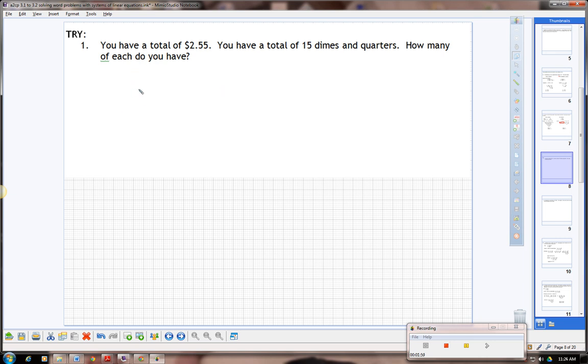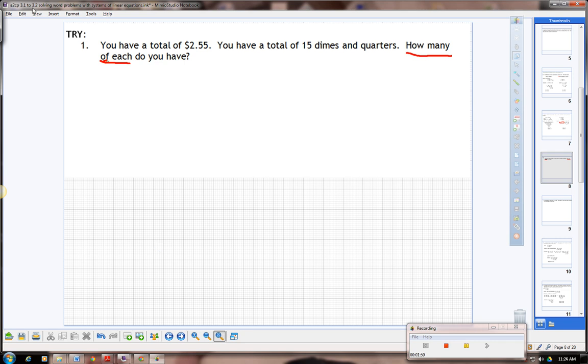In the first example that you had to do last night, what you needed to do was underline what the question was asking. How many of each? And you really do need to consider each of what? Are we talking about shirts? Are we talking about pants? Oh no, we're talking about dimes and quarters, right? So how many dimes and how many quarters? Some people will need to reverbalize that.